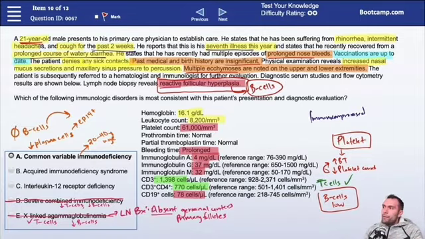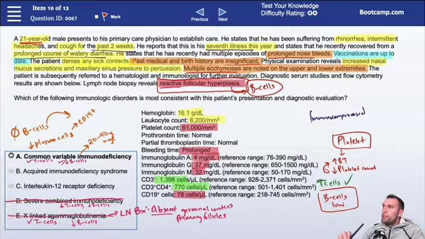Whereas in the case of common variable immunodeficiency, it's mostly the plasma cells that aren't accounted for, so to speak. In any case, though, in common variable immunodeficiency, much like X-linked agammaglobulinemia, T cells should be normal, and the B cells can be lower. They could also be normal, though, for the reasons that we just mentioned.